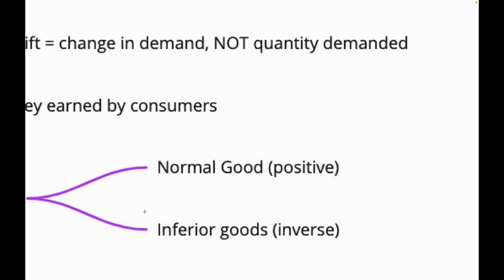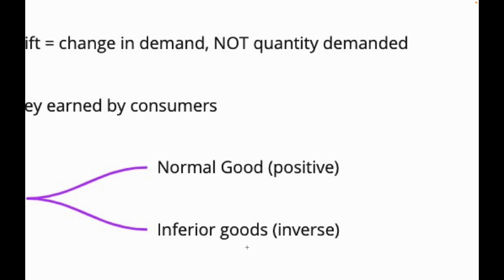However, we have another type of good called inferior goods. Inferior goods refers to those which are relatively lower in quality, and they are less expensive compared to the others. Examples of inferior goods include instant noodles and second-hand cars. These are goods that are of lower quality compared to fresh cooked noodles or first-hand cars.